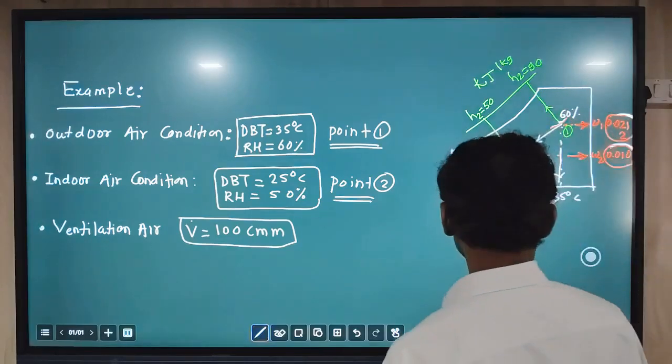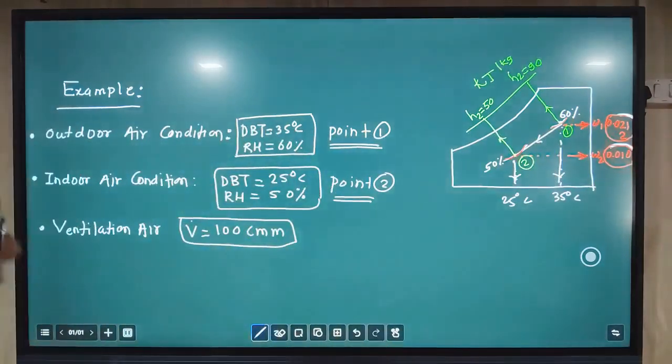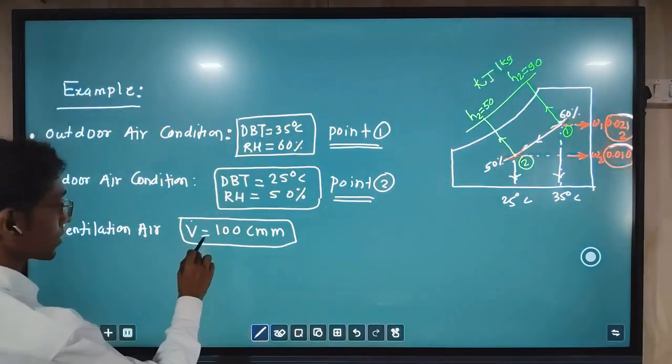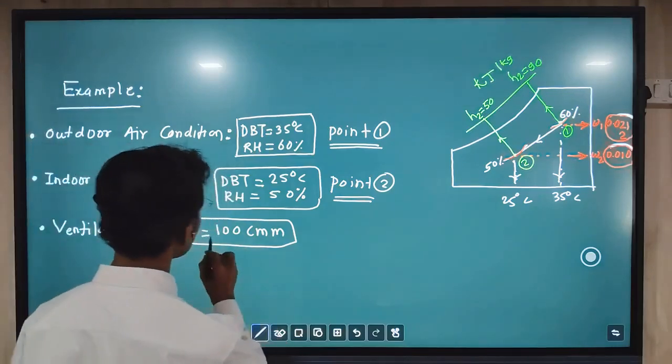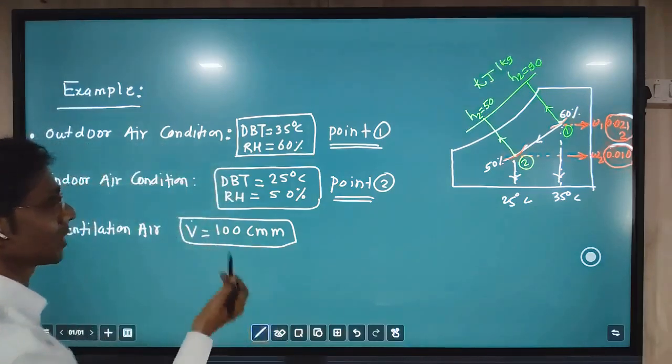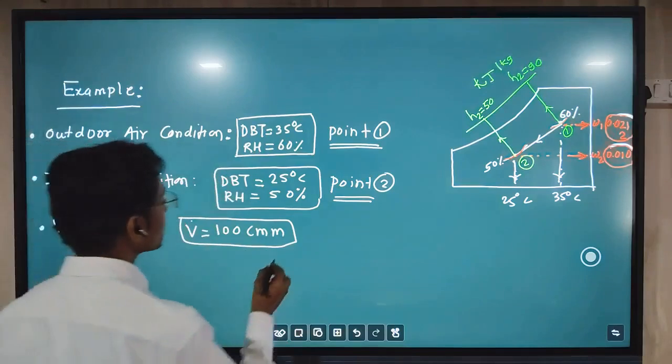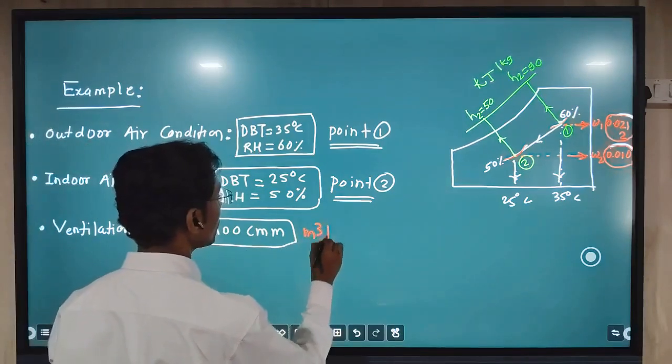Similarly for point number 2. So now these values we will use for the calculation. Now at point 1, the amount of air supplied, this is the supplied air. This supplied air is the given ventilation air in cmm, that we will see. Now cmm means what? Meter cube per minute.